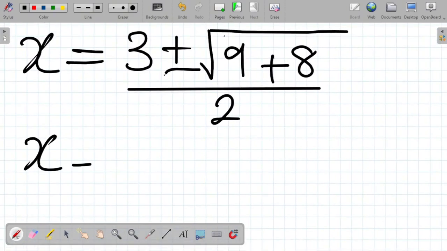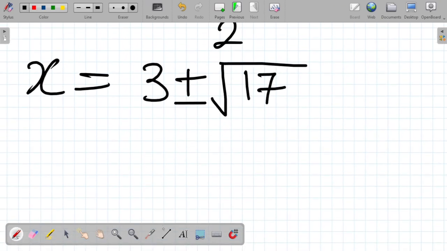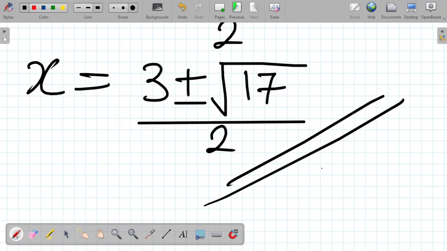So x is equal to 3 plus or minus square root of 9 plus 8 is 17, and then all over 2. So this is our final answer.